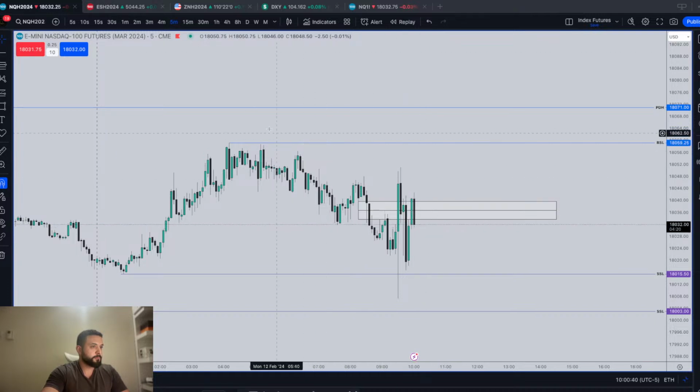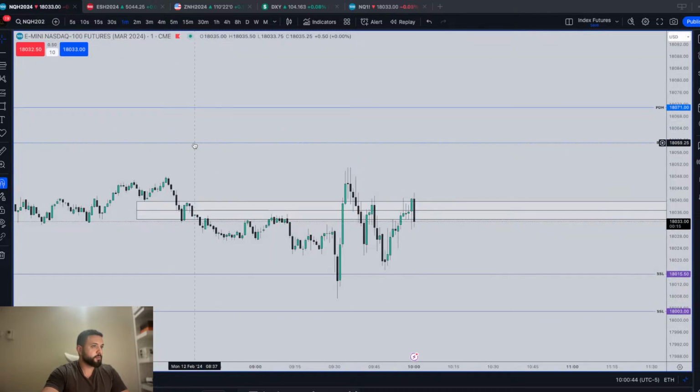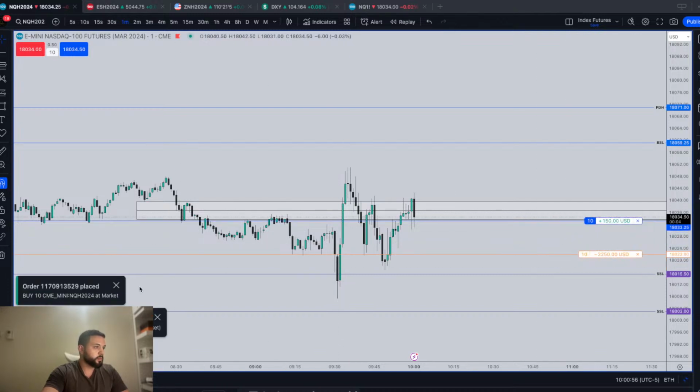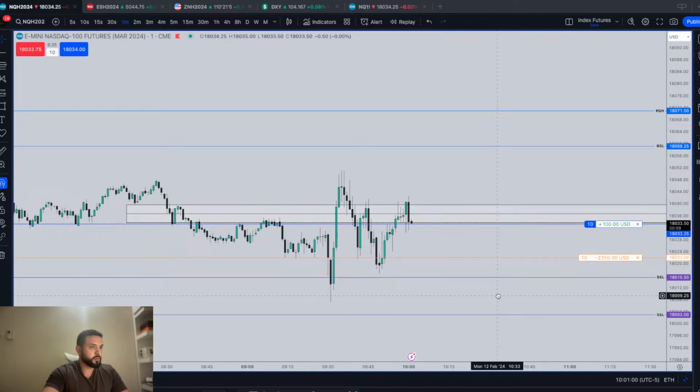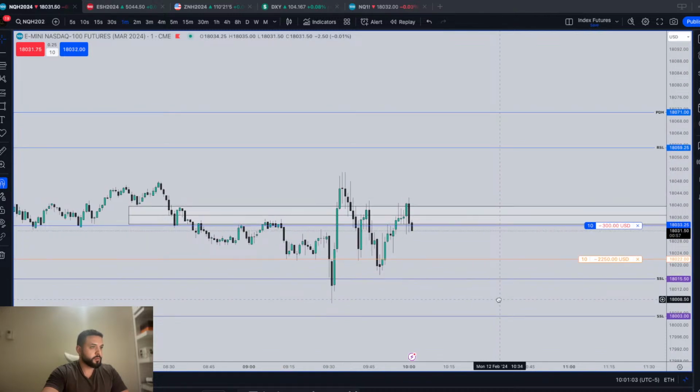Volume imbalance here on the 5-minute. I'm gonna take a trade. I'm gonna take a long off here. I'm just gonna place my stop below this. See if it wants to go higher or if that's gonna fail.